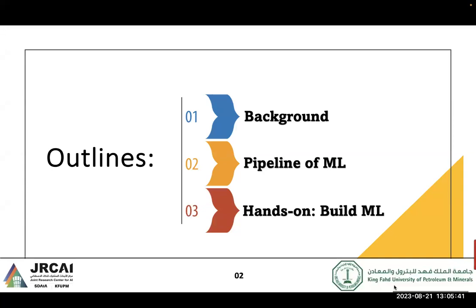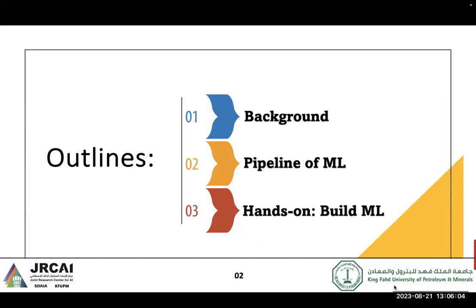So we start with some background about the link between education and AI in general. Then, because it's hands-on, we have a diagram to explain in detail how to build this model and how to use it in different case studies.